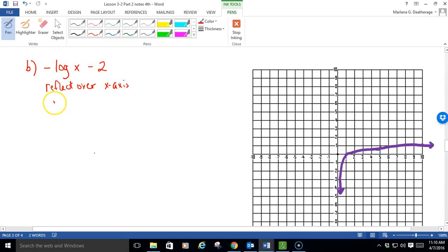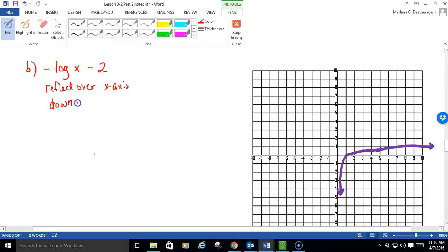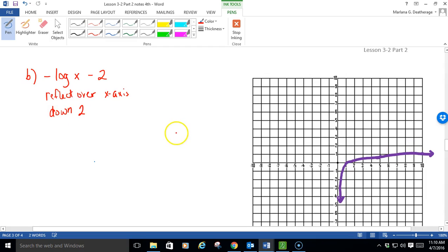Down 2. Alright, so when we graph it, try to do it without making a table, you're going to reflect it over the x-axis and then move it down 2. Okay, so if you reflect this point over the x-axis, it doesn't move because it's on the x-axis. So we're just going to move it down 2.